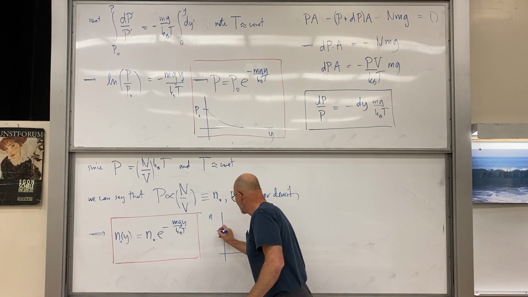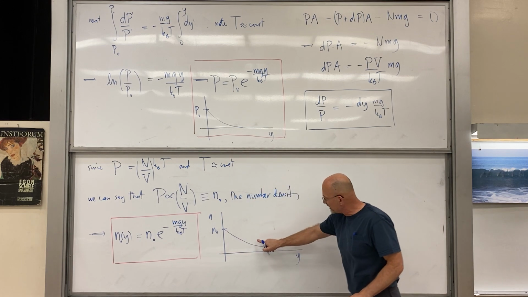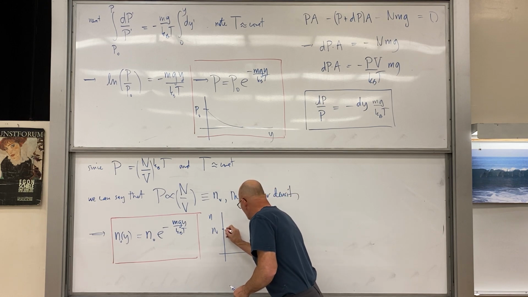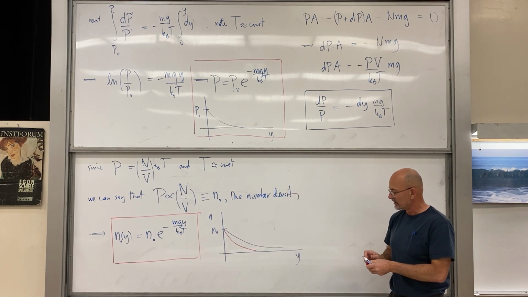So a lighter species of particle could decay like this, and the more massive one would be decaying like that.